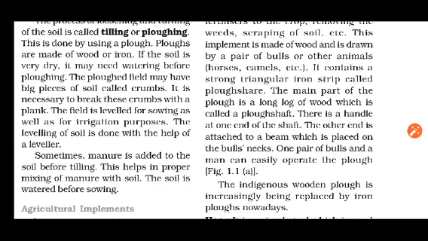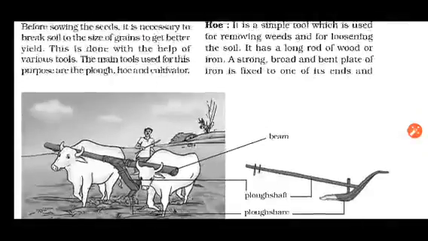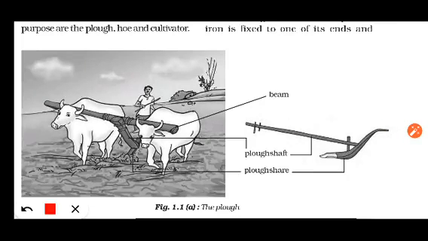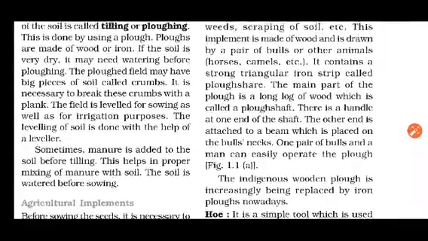What is the name of this part? Plow shaft. Let me show you. This is called plow shaft. It is made of generally wood or iron. There is a handle at one end of the shaft. इसके one end पर क्या होता है?